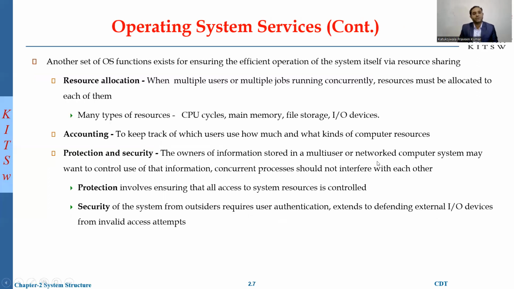Continuing with operating system services, another set of OS functions exists for ensuring the efficient operation of the system itself via resource sharing. In that, the first service is resource allocation. When multiple users or multiple jobs are running concurrently, resources must be allocated to each of them.